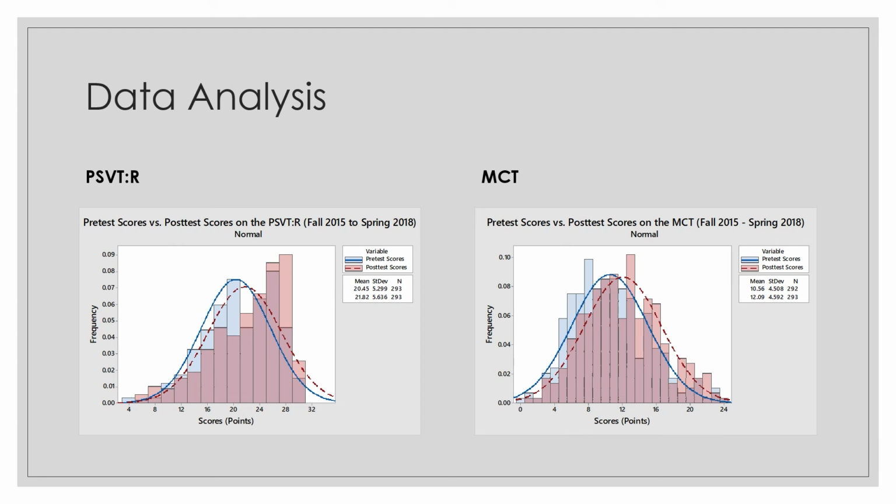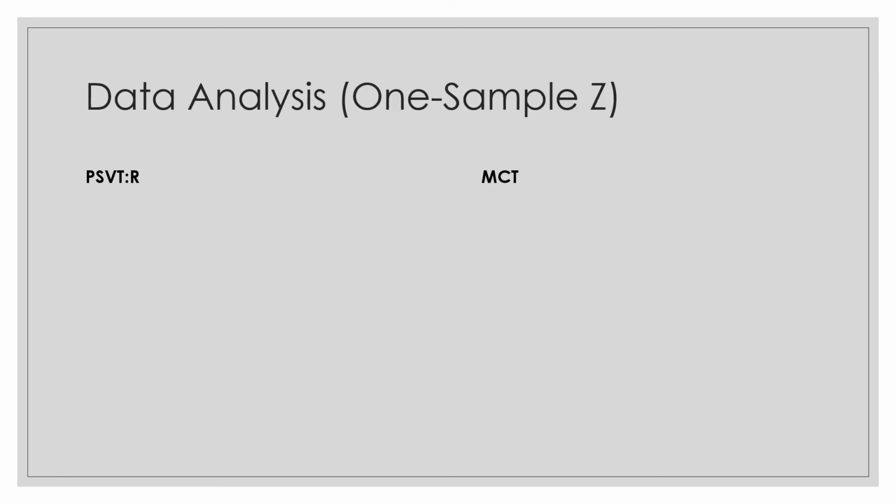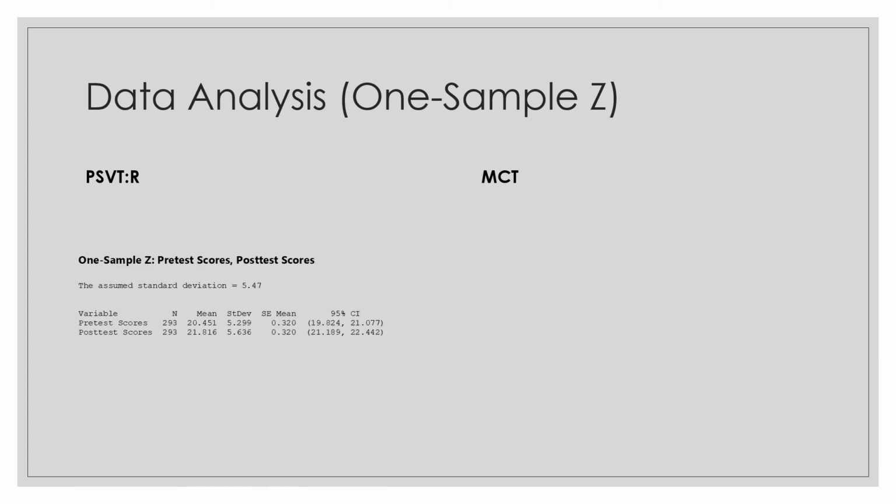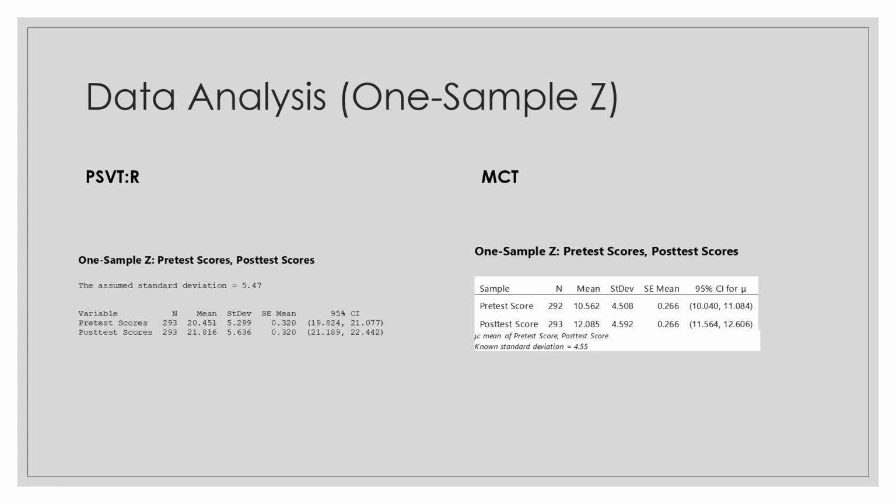From the pre-test to the post-test, there is a significant increase on both. We can see that the mean is 10.56 and 12.09. Since we have about 293 students in the population of our data, a one-sample Z is determined. And again, there's our mean and our standard deviation. Based on the confidence interval, we can see that the post-test has a higher score than the pre-test with a 95% confidence interval.